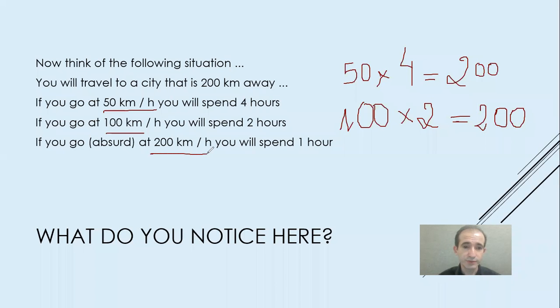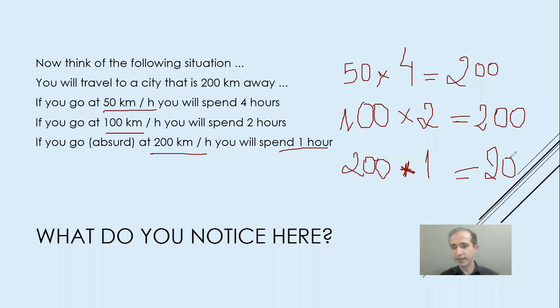The last one, 200 kilometers per hour. I'm going to spend 1 hour. Here I'm writing X by the arrow, times. 200 times 1 hour, again, what is the outcome?